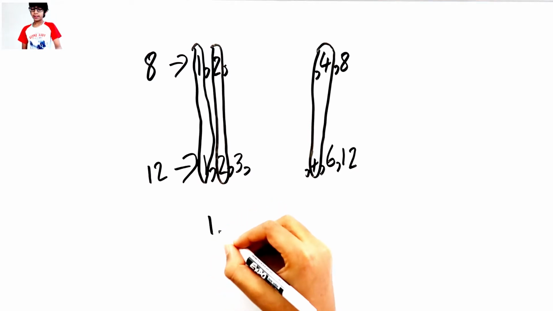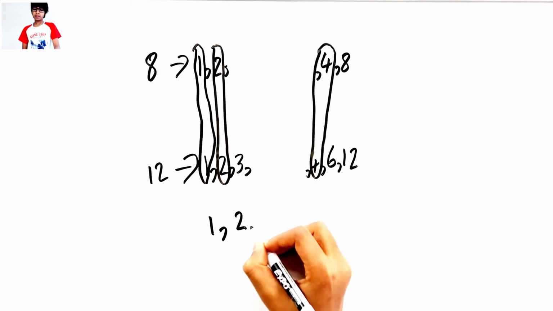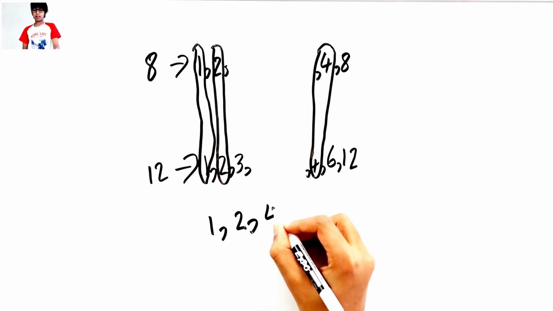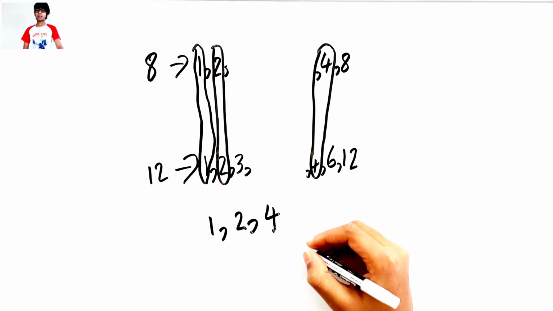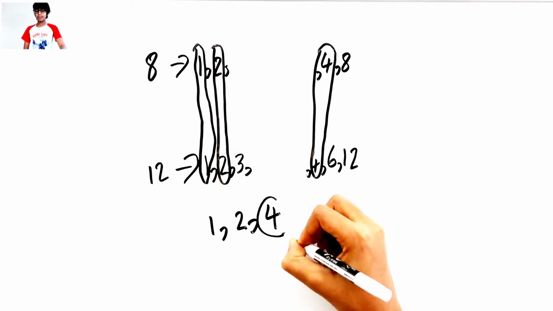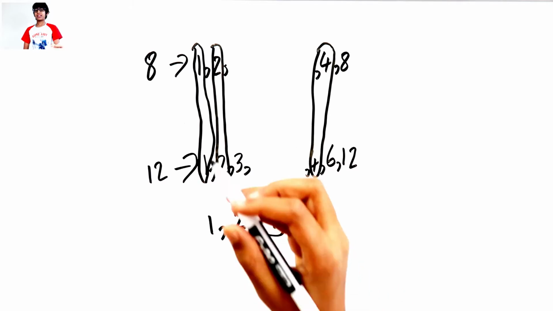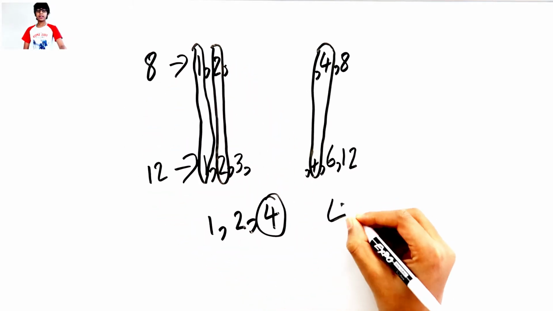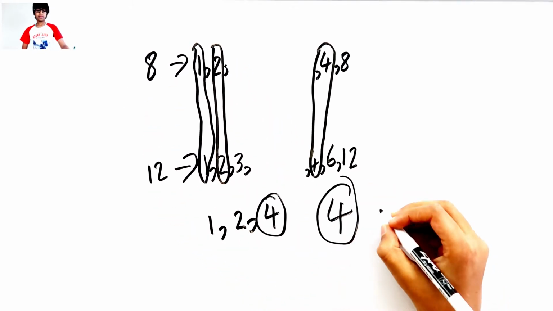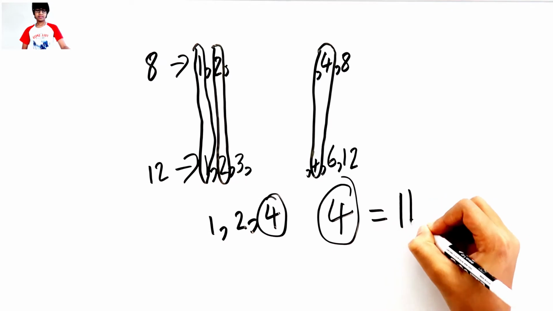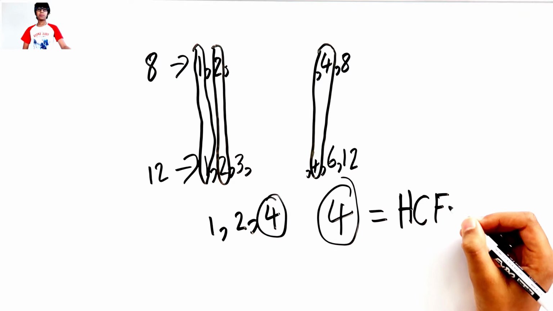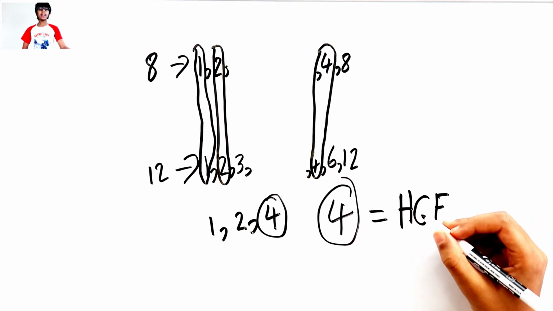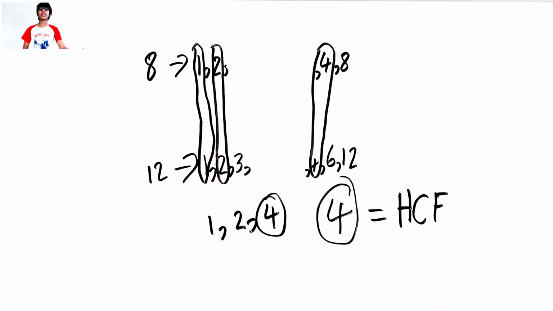So 1, 2, and 4. The highest common factor is 4. That means the highest common factor of 8 and 12 is 4, which is equal to HCF, which stands for highest common factor.